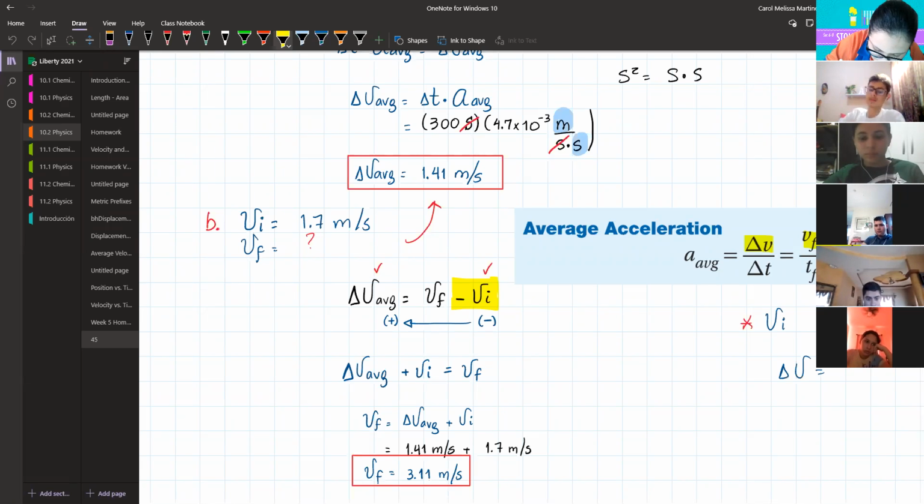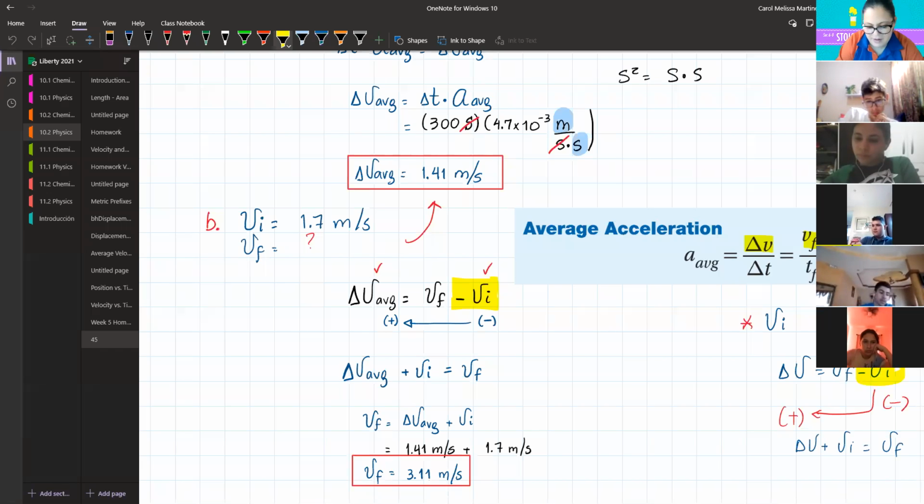Delta V equals final minus initial. You can isolate for the initial. So what I do to make it positive, I'm going to arrange it onto the other side. It was subtracted, so it comes to add. So delta V plus VI equals VF, but I'm isolating VI.